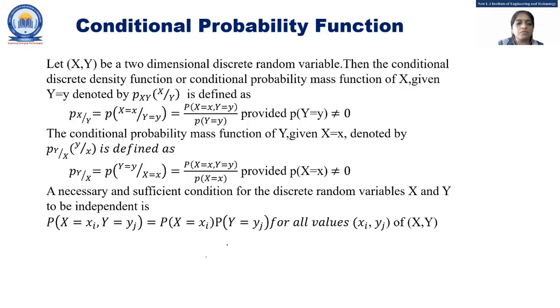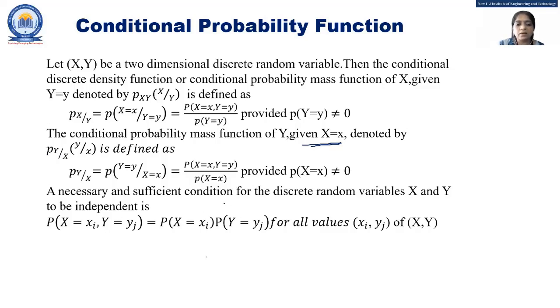It is the same for the conditional probability mass function of Y given X equal to small x, denoted by p_Y|X. It is the same as the upper.